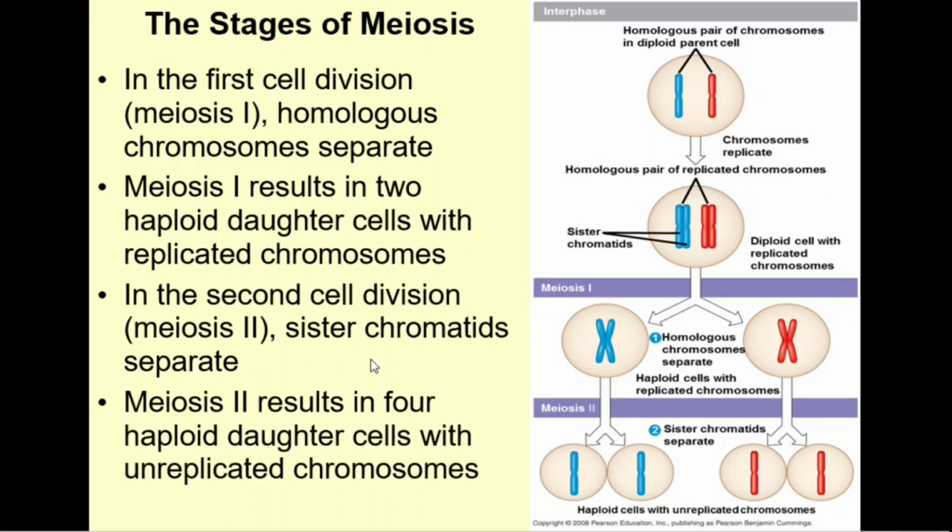So Meiosis II results in those 4 haploid daughter cells that have unreplicated chromosomes. So they are just individual chromatids, if you like, but we would refer to them as single chromosomes. Okay, so hopefully that makes sense in terms of how meiosis reduces the chromosome number from diploid to haploid. That important step occurs during meiosis I, where we separate our homologous pairs.